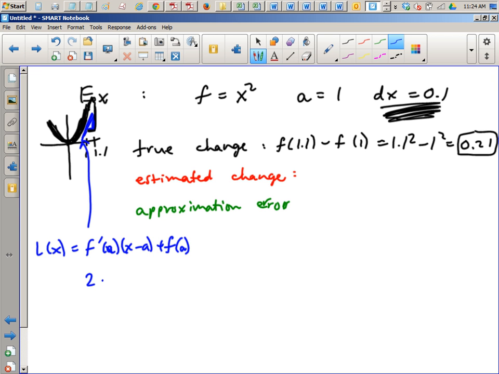So this is just going to be 2a times x minus a plus a squared, basically. And we are at a equals 1, right? So this is going to be L at 1. It's 2 times x minus 1 plus 1. This is your tangent line.